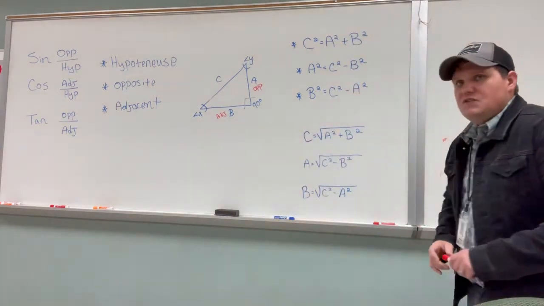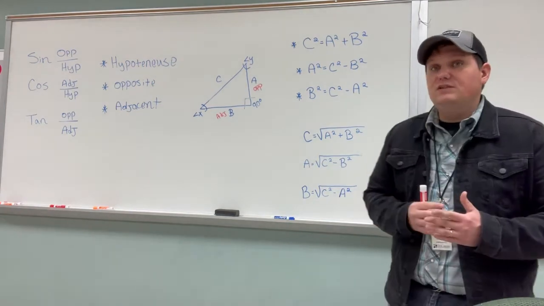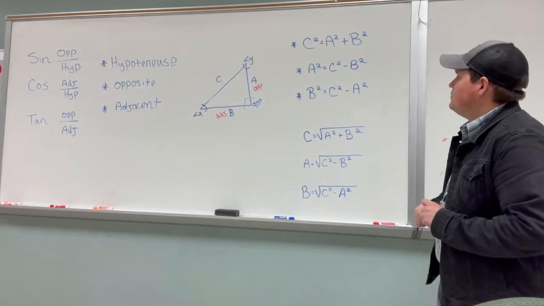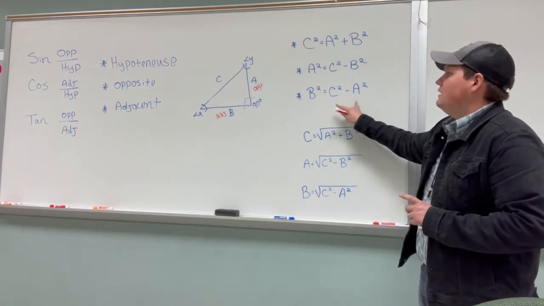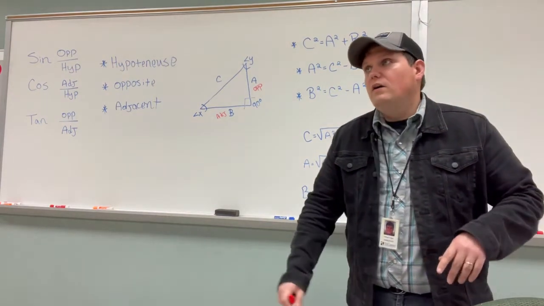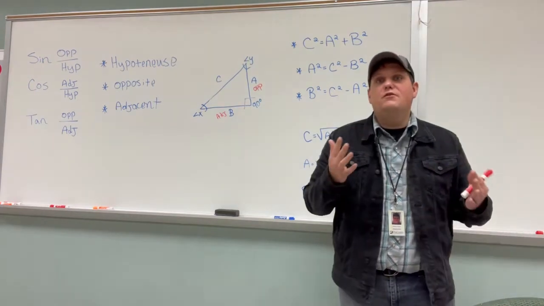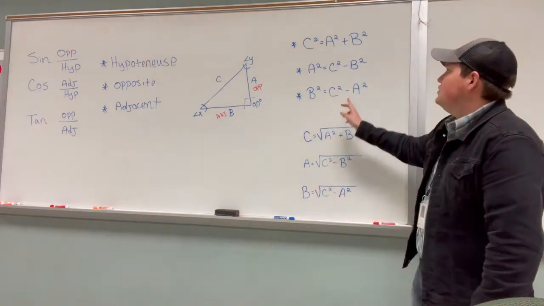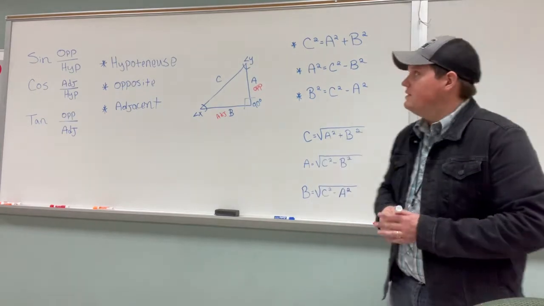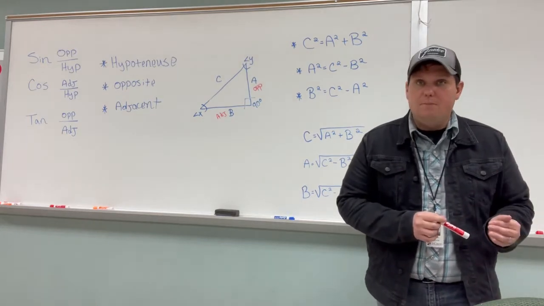Okay? So, with the triangle, as far as figuring out sides, I will say that this only works if you are solving for one side and you're given two sides already, okay? Or if you get to a point in the triangle where you have figured out two sides, you can figure out the third side using this, okay? So in your notes or in the PowerPoint, this is what we call the Pythagorean Theorem.